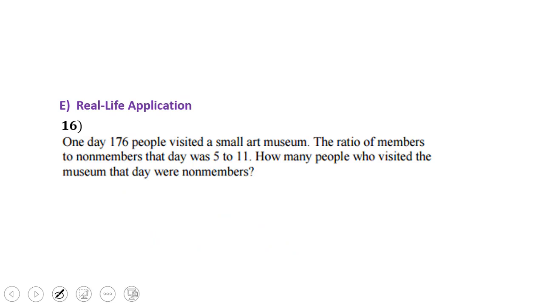It says one day 176 people visited a small art museum. The ratio of members to non-members that day was 5 to 11. How many people who visited the museum that day were non-members? Okay, so sometimes it's going to be very important to know what the question is. We want to know non-members. How many were non-members?